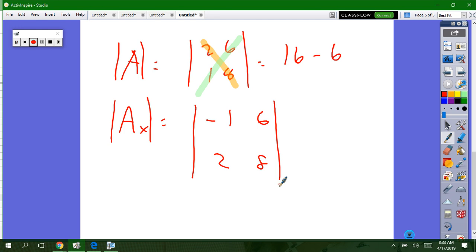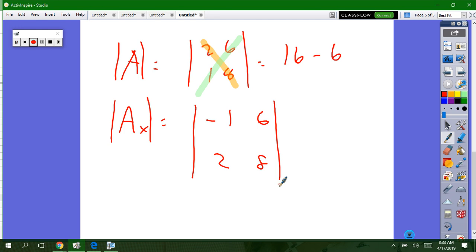Look on your matrix equation, what did those things equal? Negative 1 and 2. I replaced the x column with those results, the answer. You see that? Here's our equation. So I plug this in for the x column. Make sense? So I'm putting the answers in for the x column.